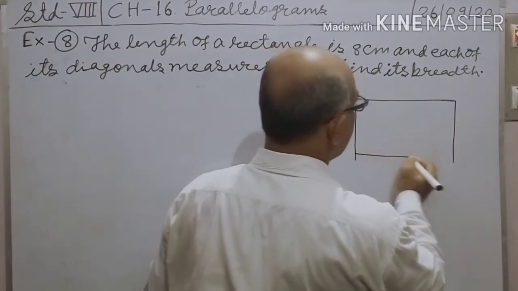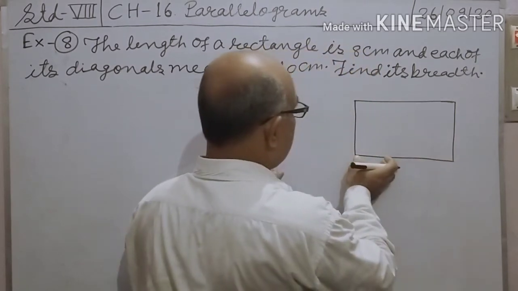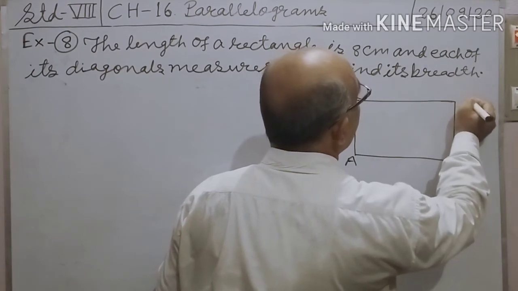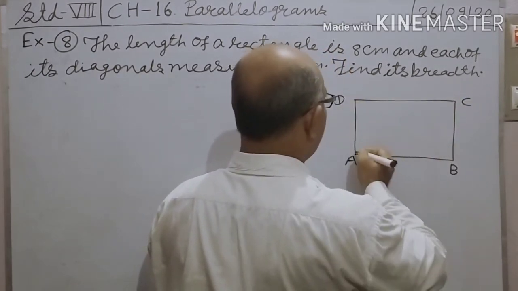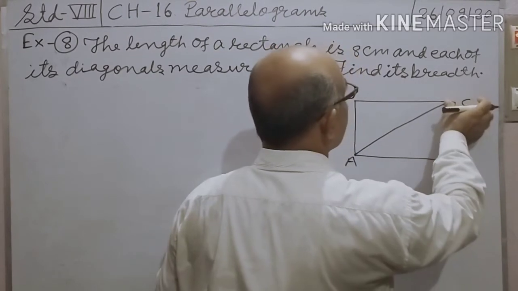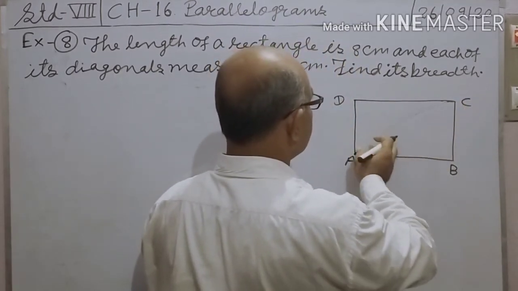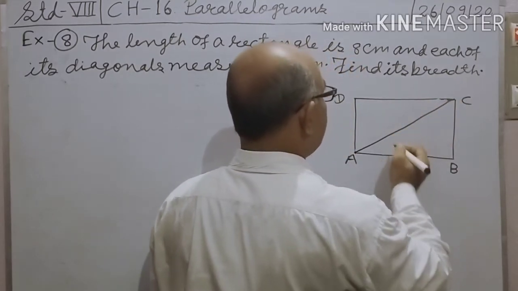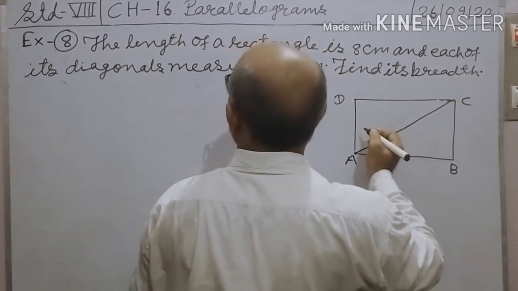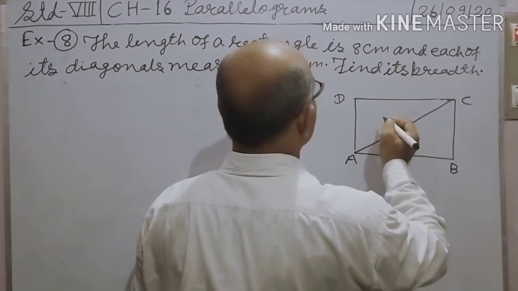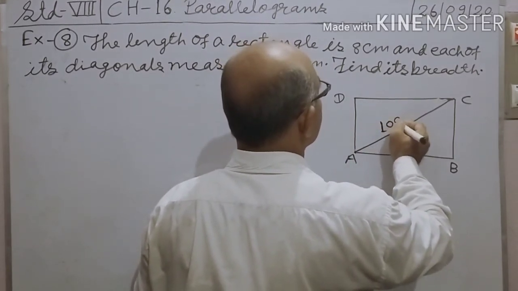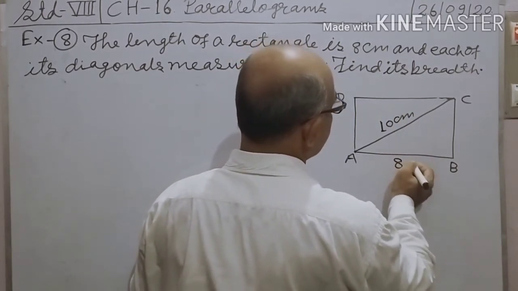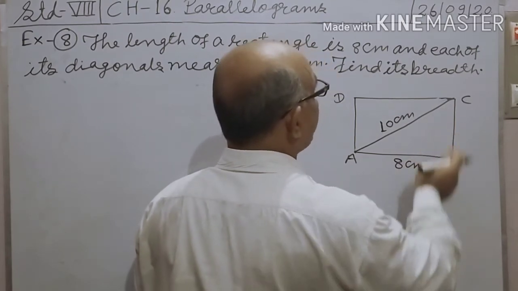ABCD is a rectangle. Diagonal AC is 10 cm and length is 8 cm. Find its breadth BC.